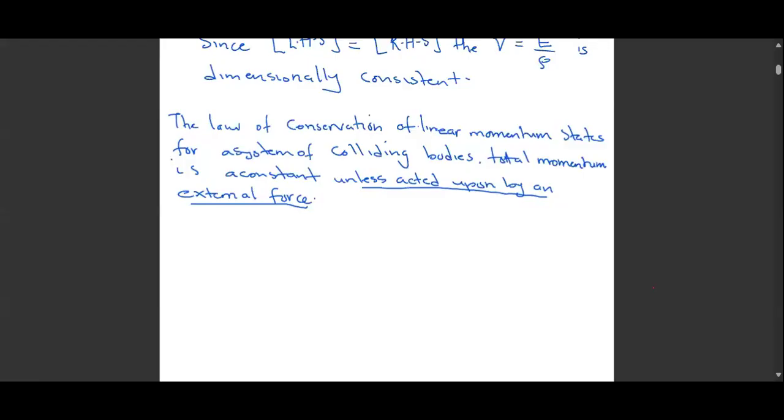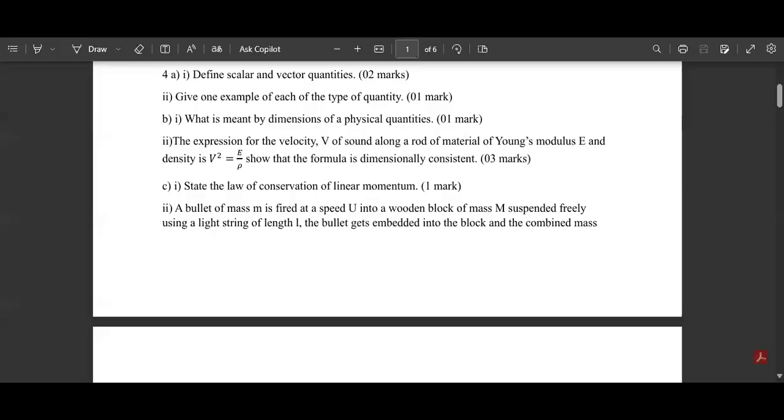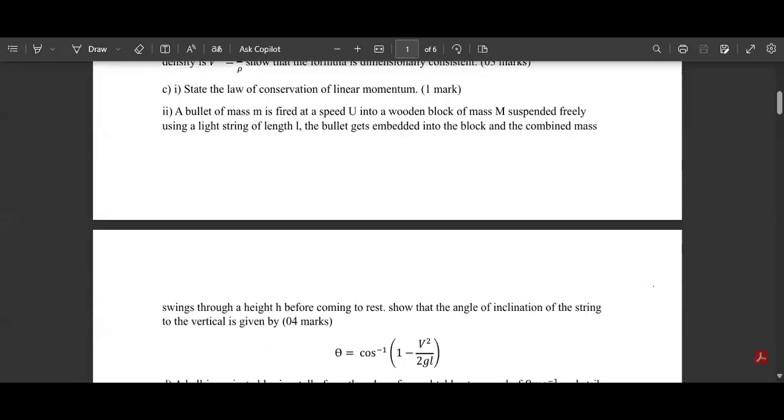Now, number 2 of part C, they are saying a bullet of mass m is fired at a speed u into a wooden block of mass M, suspended freely using a light string of length L. The bullet gets embedded into the block and the combined mass swings through a height h before coming to rest.